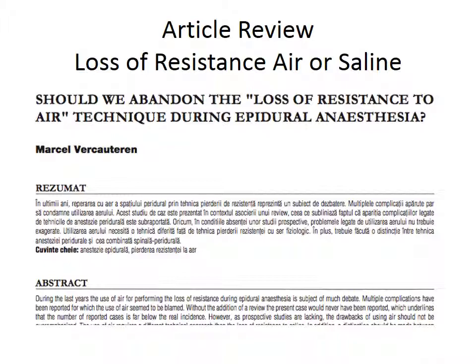Because of this case, the author researched other potential complications. It is suggested that the use of the air technique may increase the incidence of wet taps, as seen in multiple studies, but the evidence level is low. It is suggested that the increased incidence of dural puncture may be due to the unfamiliarity of the different techniques and equipment, not necessarily the technique itself.